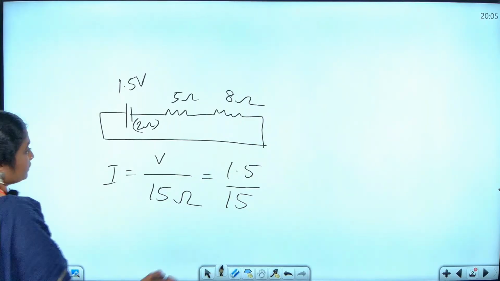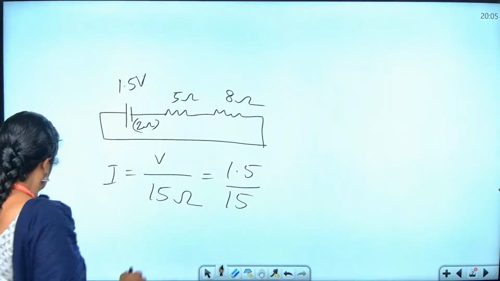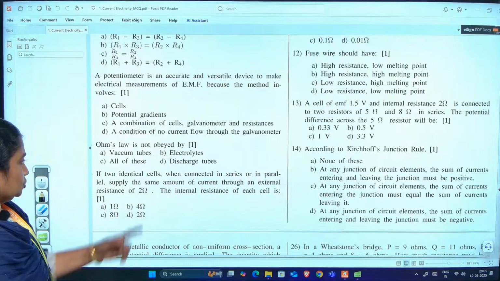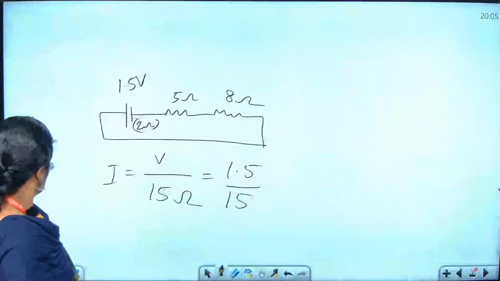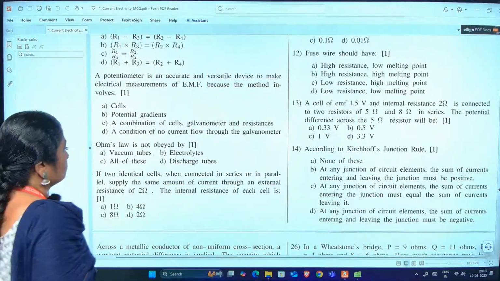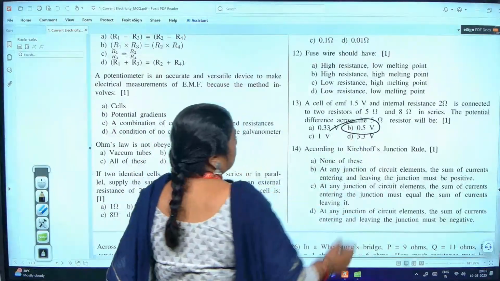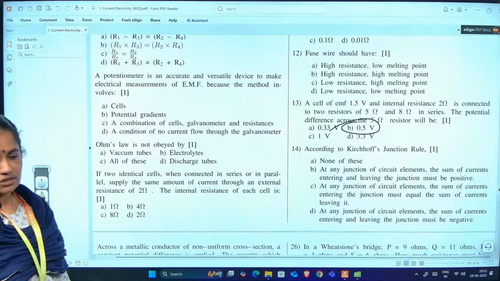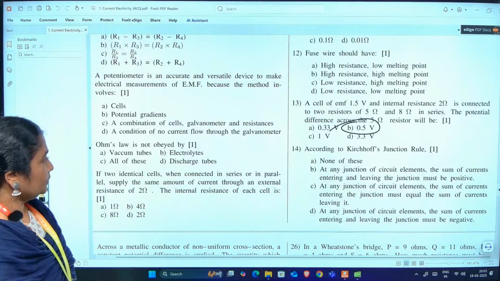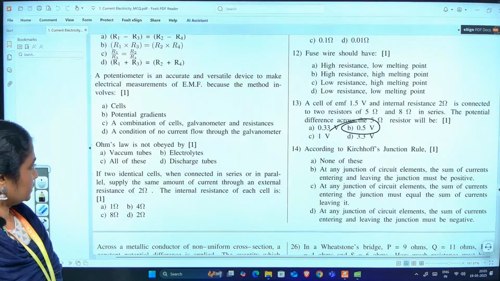Current is 1 by 10. Now they have asked across 5 ohms. So 0.5 volt. The current through the circuit is 0.1 ampere, and into the 5 ohm resistance it will give you the potential difference.